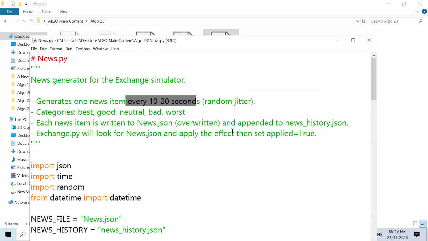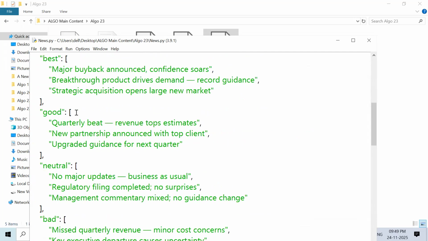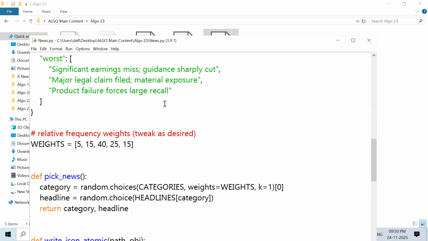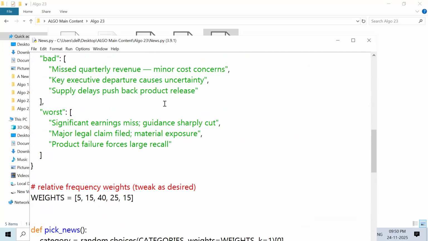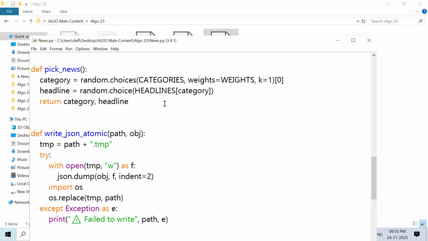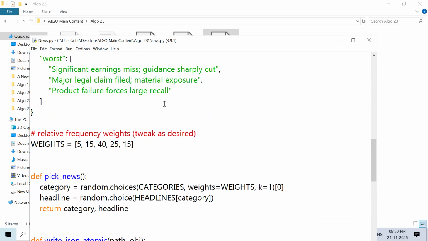Now this news may be best news, good news, neutral news, and worst news. The frequency of coming is different. We are going to get neutral news 40 times, or best news 15 times, or worst news 25 times. Like that, we can get different kinds of news every time.